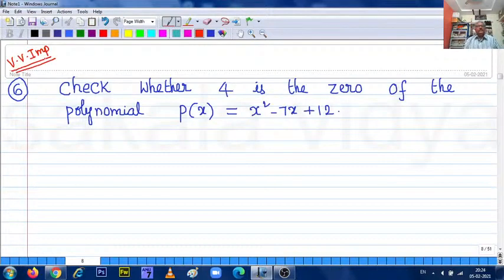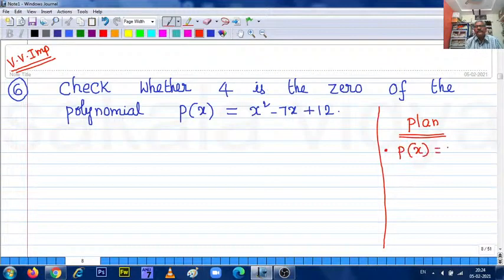So what is the plan? I will tell the plan. So what is the strategy to solve this problem? So first, say P of x equals x square minus 7x plus 12. We need to check whether 4 is a zero of the polynomial or not.